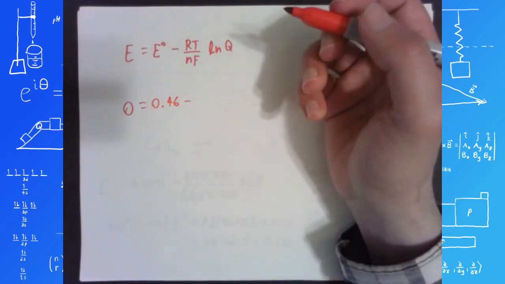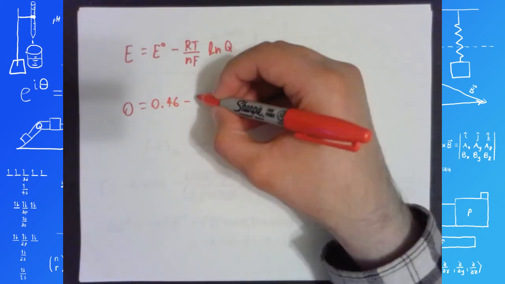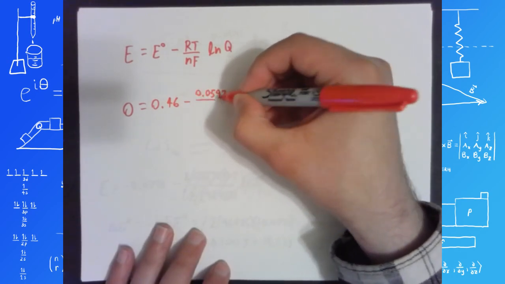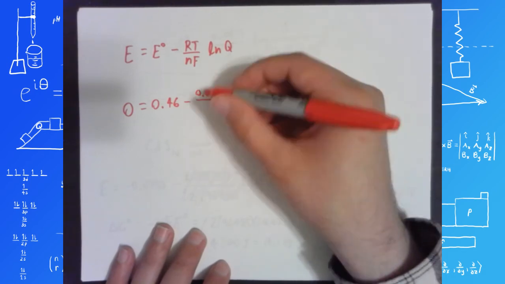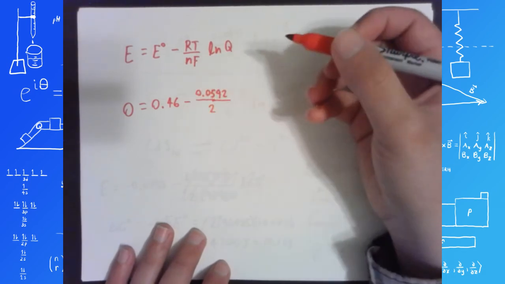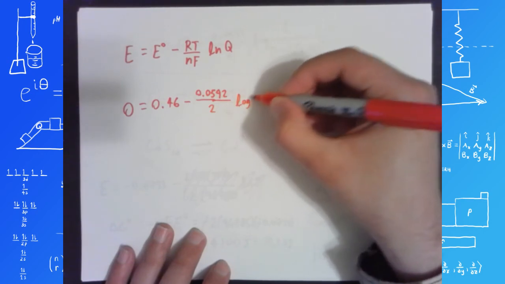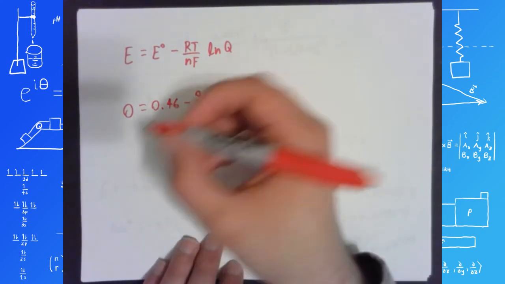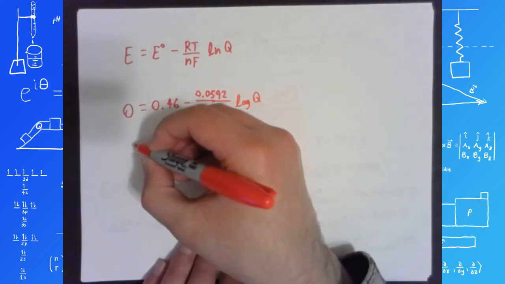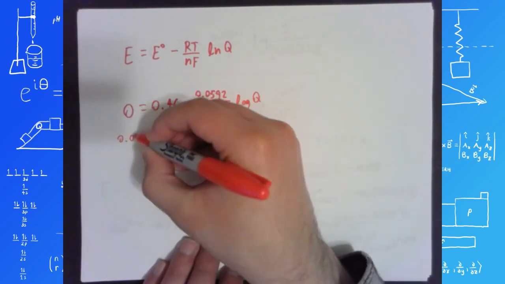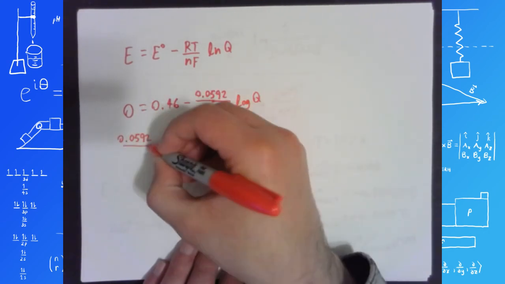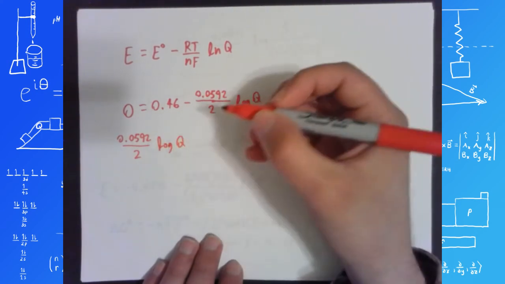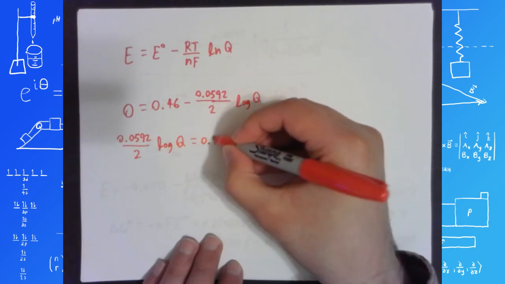So 0.46 minus, I guess if we assume it's at room temperature, we can take a shortcut and do 0.0592 over N would be 2, and then it would be log of Q. Add over to the left-hand side. So we've got 0.0592 over 2 log of Q equals 0.46.